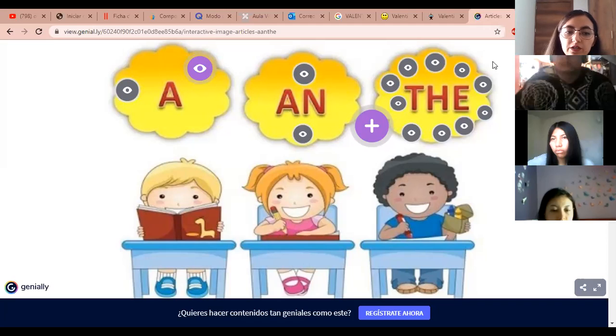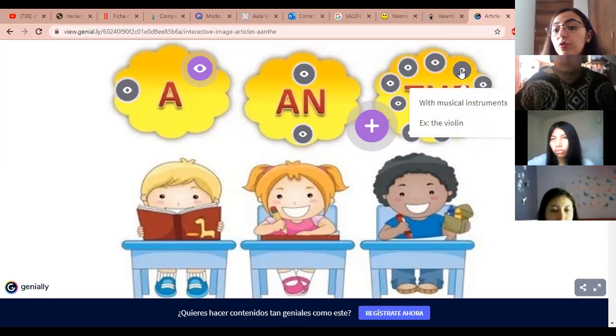Remember that there are some countries that are going to need this article. So when you talk about the USA, you're going to use this article: the United States. You also are going to use the article before musical instruments.